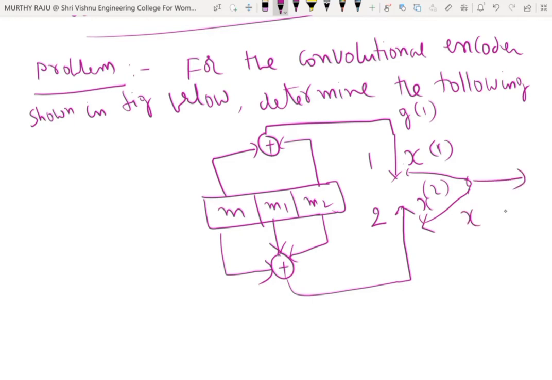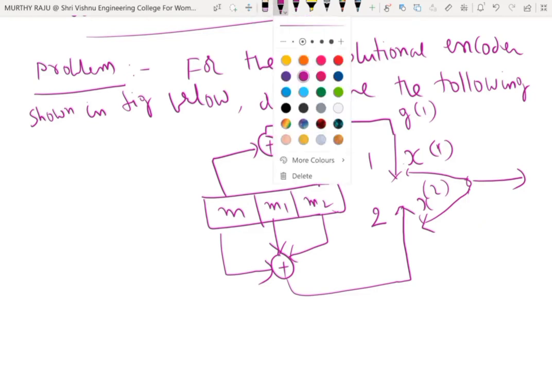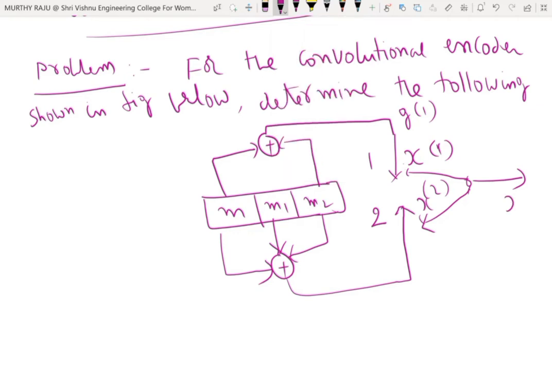The X is the output of the convolutional encoder. The question says determine the following.